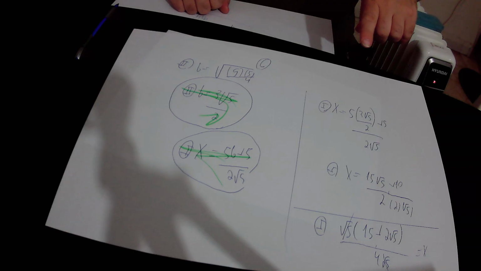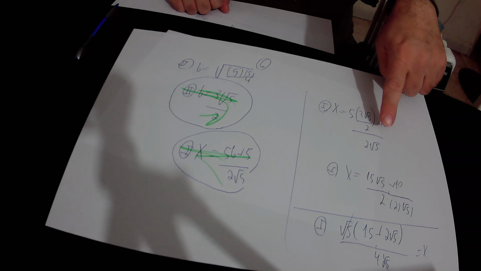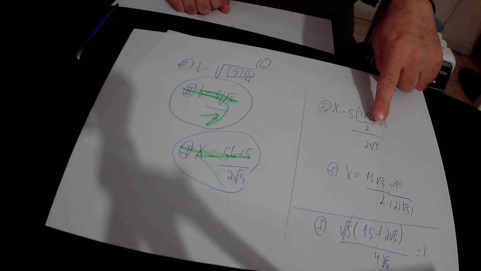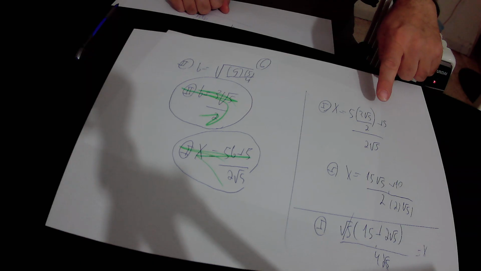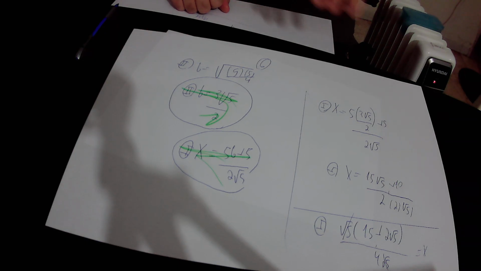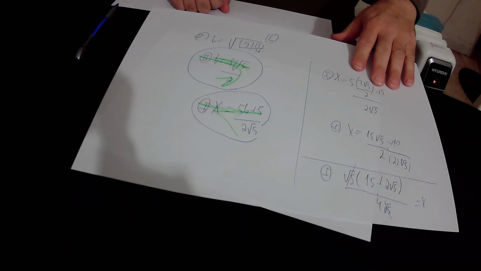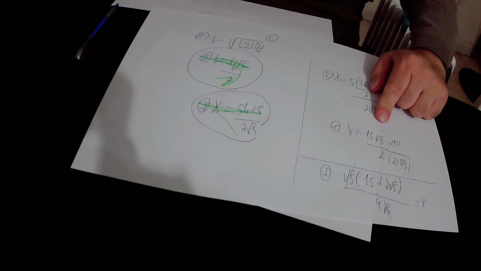And then we moved the denominator 2 times root of 5 here, so in total we get 2 times 2 times root of 5. Okay, so in the next step we took root of 5 as a common factor from the numerator.